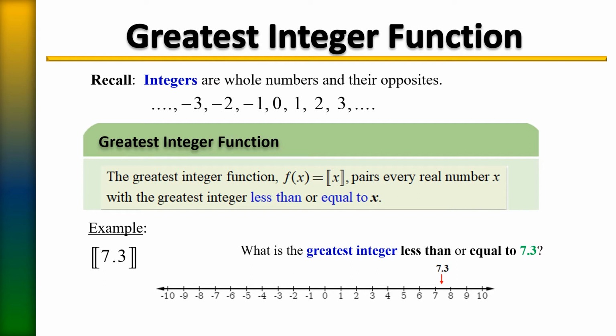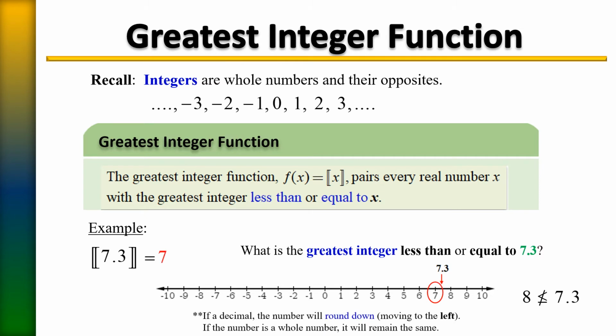So anytime you have a decimal, you have to round down. It is not 8, because 8 is not less than 7.3. You're going to go to the left and round down, and it is 7. So the greatest integer of 7.3 is 7. The greatest integer that's less than or equal to 7.3 is 7.